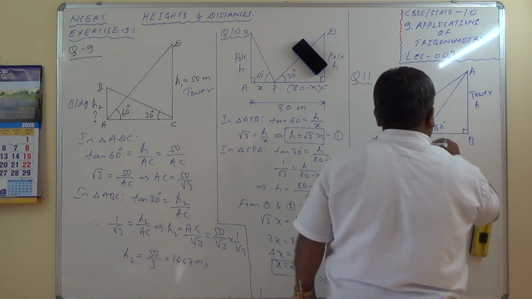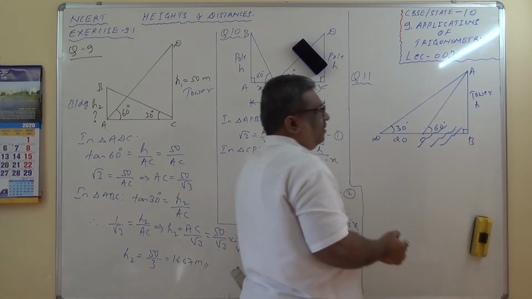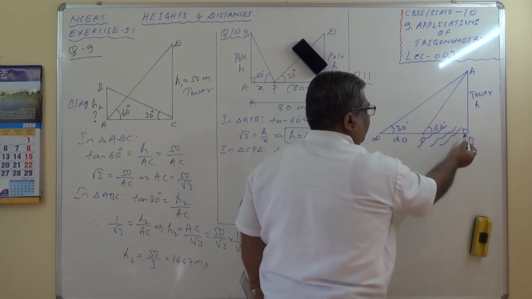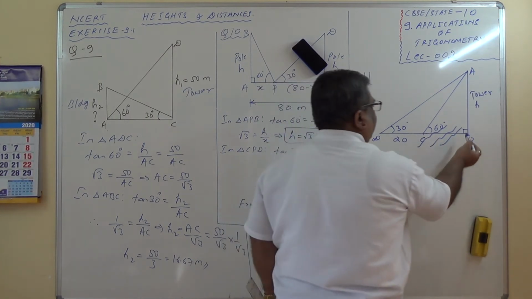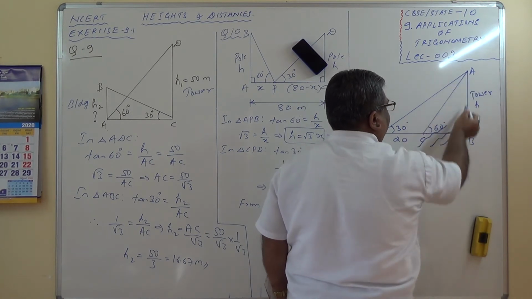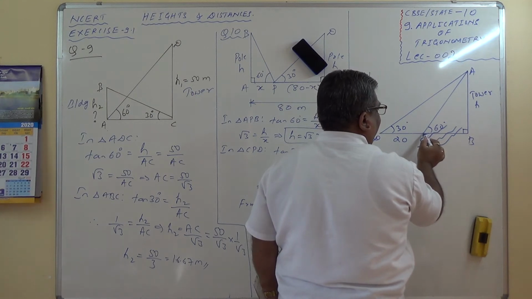That means, see here, I'll tell you, this is how the canal is there. I hope you are able to understand. This is one bank, opposite bank. So this is one bank and this is the opposite bank. The TV tower lies on one bank and a person is standing on the other bank, at point C on the opposite bank.